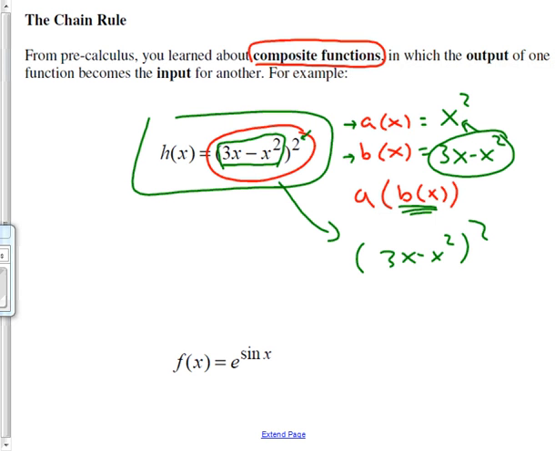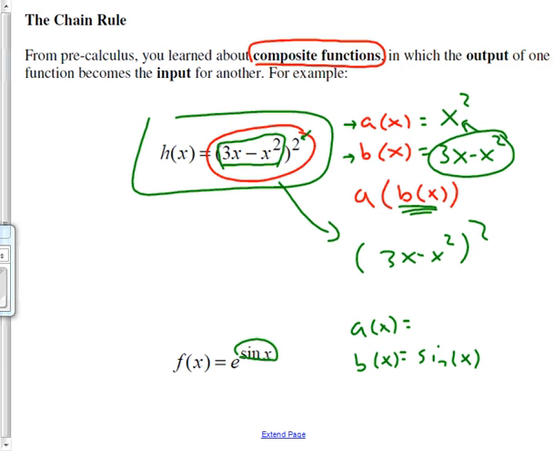Okay, what would be our outer function and what would be our inner function in the next one? Well, our inner function is this sine of x.